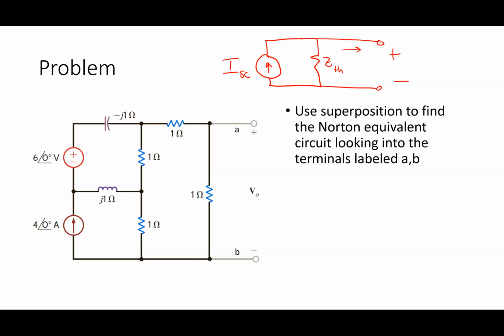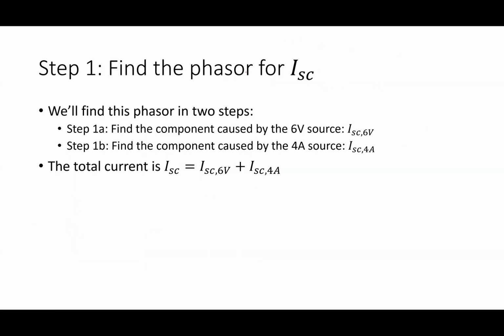So if I'm going to do it the way that I want to propose to do it, to exercise this a little bit, I'm going to use superposition. So if I do superposition, how do I do it here? What do I need to do? Do one source to start with. And basically the process is I find the phasor for the short circuit current in 2 steps.